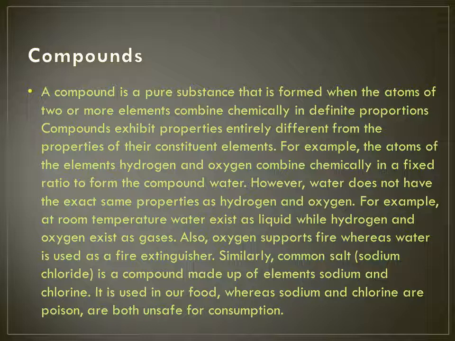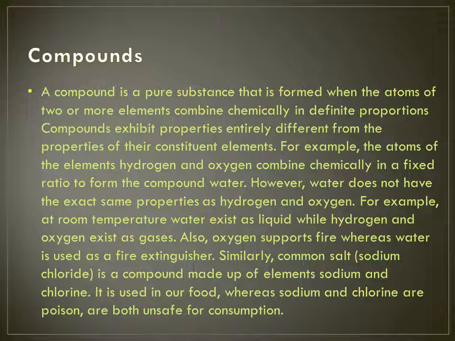However, water does not have the same properties as hydrogen and oxygen. For example, at room temperature, water exists as a liquid while hydrogen and oxygen exist as gases. Also, oxygen supports fire, whereas water is used as a fire extinguisher.